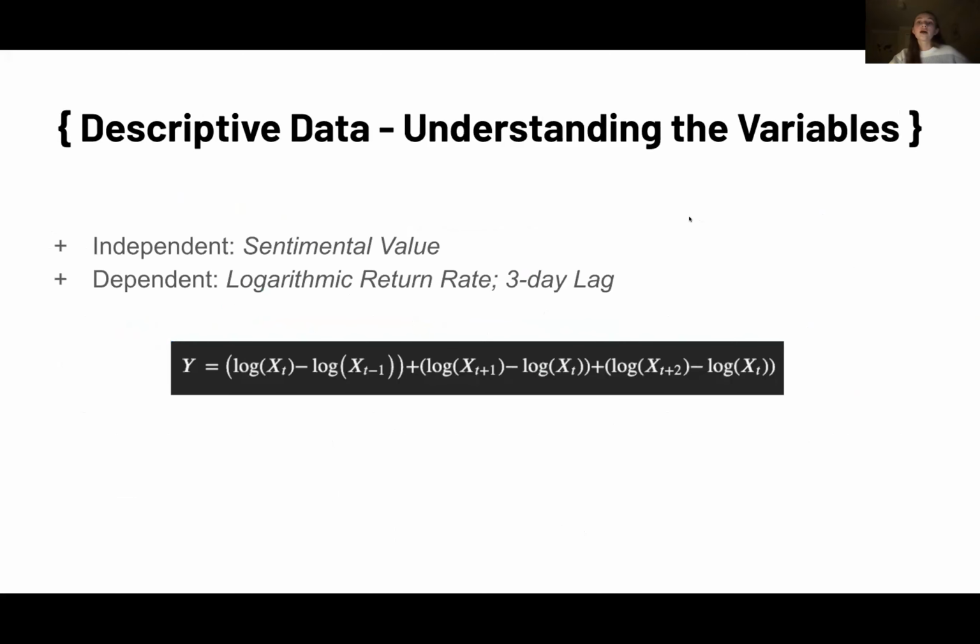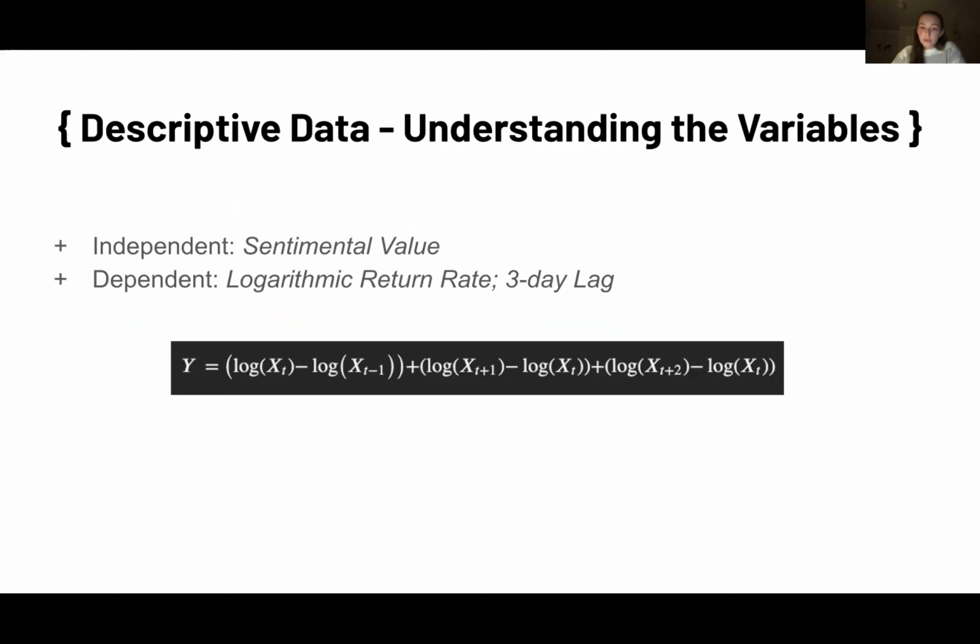So next, to better understand the variables for this analysis, because I want to see whether the sentiment value is correlating to the logarithmic return rate, the independent variable here is the sentiment value, while the dependent variable is the logarithmic return rate.